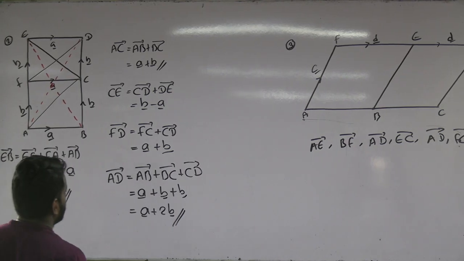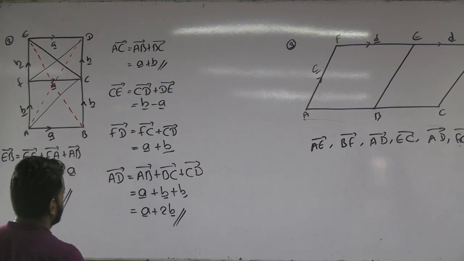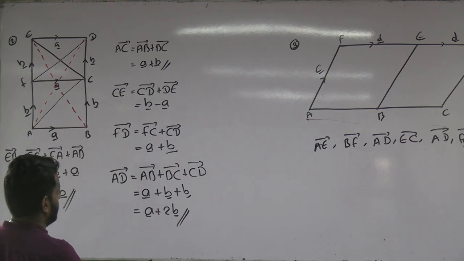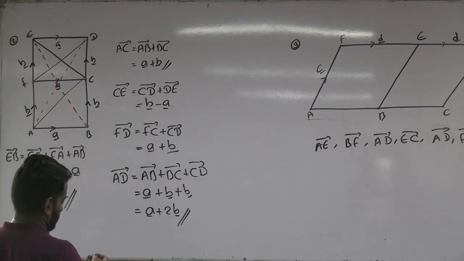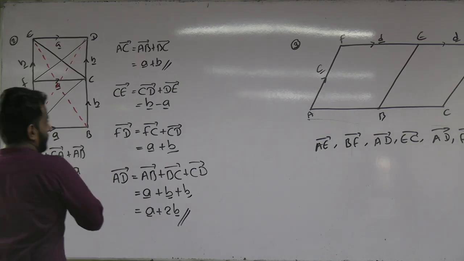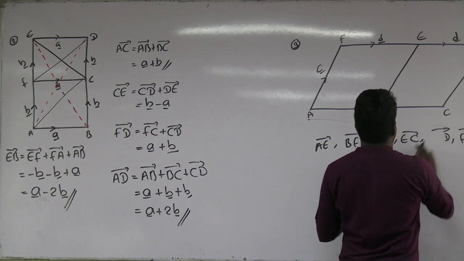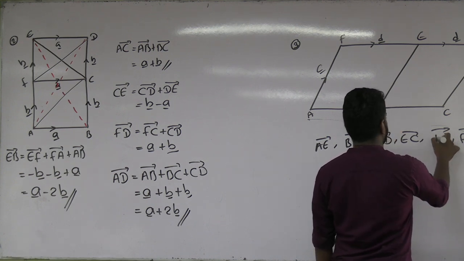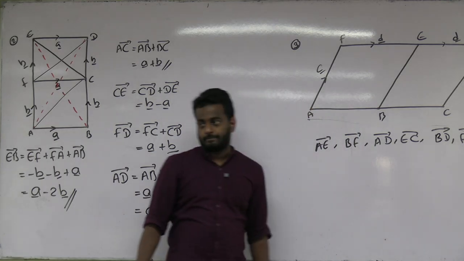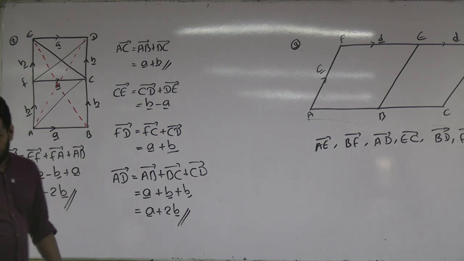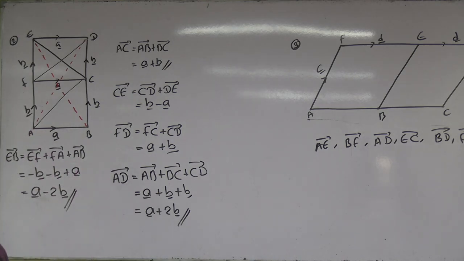That should be AE and BF. I'll write it as BD, not AD, it's BD. Okay. So we have finished the second question. Just go through your answers and see whether the second question is correct. Fine, right? Okay.